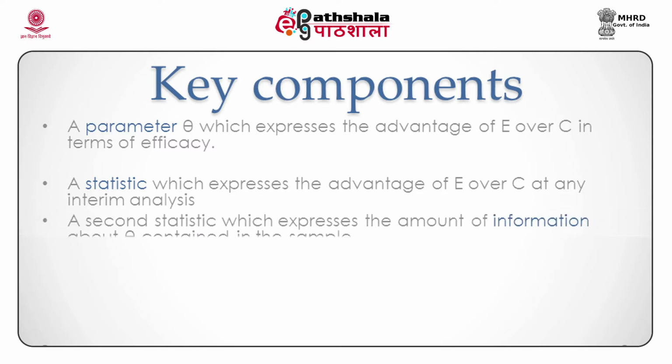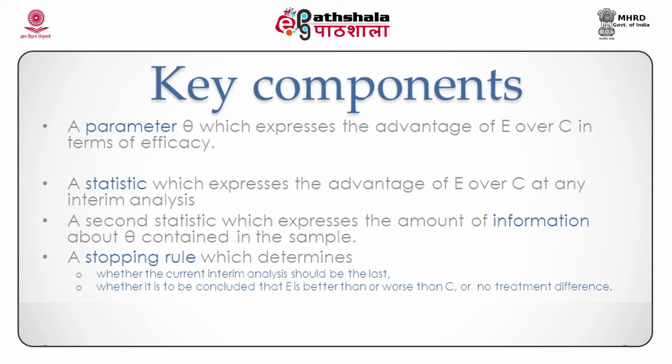We shall also need a second statistic, and the purpose of this statistic is to express the amount of information about theta which is contained in the sample. The next key component is a stopping rule. The stopping rule decides whether we have sufficient evidence to conclude the trial, that is, whether the current interim analysis should be the last, and if so, whether we should conclude that E is better than C or worse than C, or that there is no significant treatment difference.